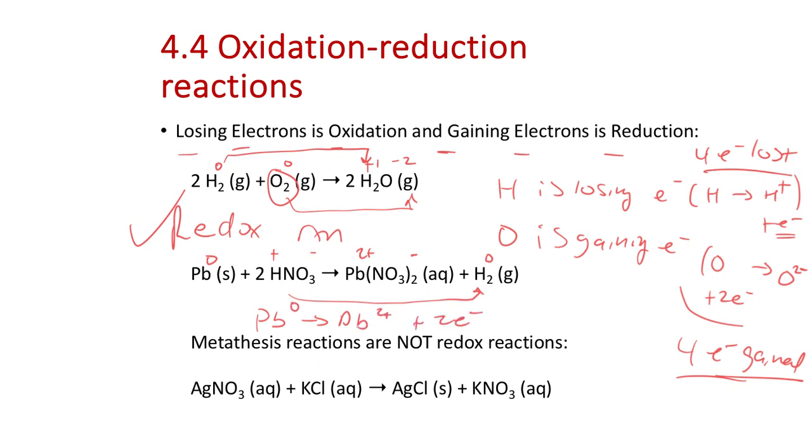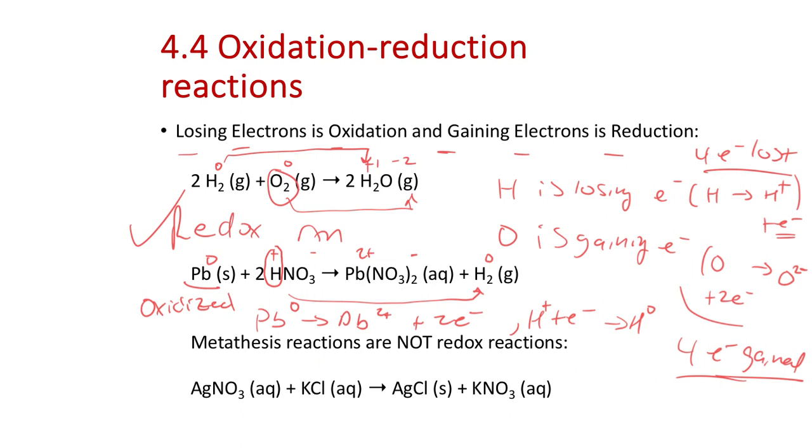So lead neutral is losing 2 electrons, so the lead atom is oxidized. And then it's the H atom that's undergoing the reduction. Reduction's gaining electrons. So H+ plus an electron goes to neutral hydrogen.